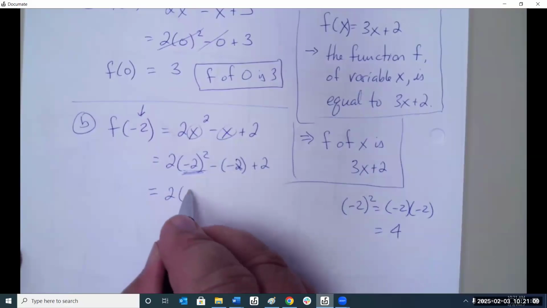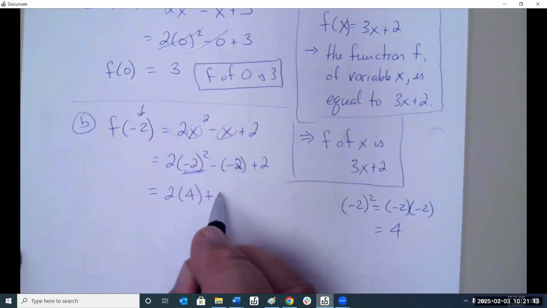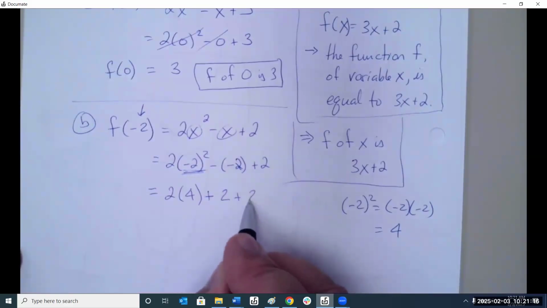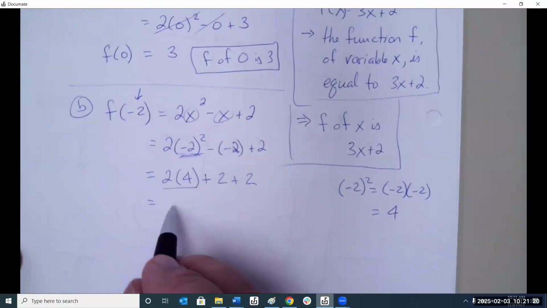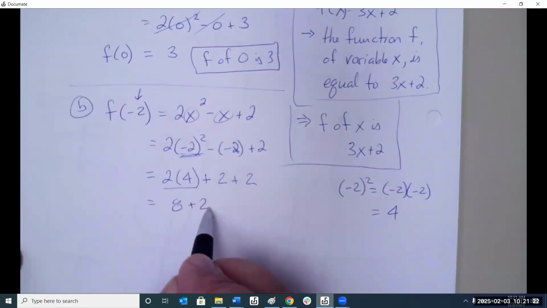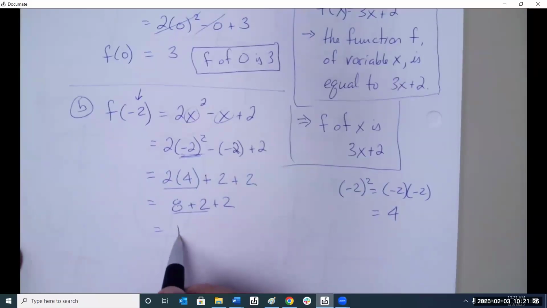So it's 2 times positive 4. Negative times negative is a positive. Two times 4 is 8. 8 plus 2 is 10, plus 2 is 12. There's your answer.